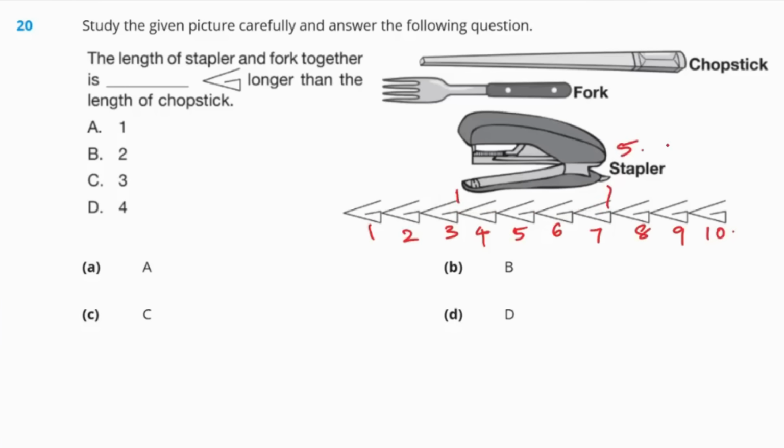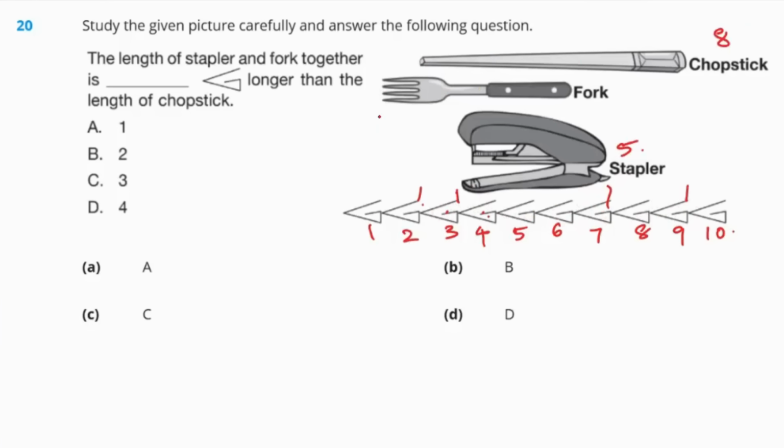The length of the stapler is 5. And the length of the chopstick from here to here, 1, 2, 3, 4, 5, 6, 7, 8. The length of the chopstick is 8.